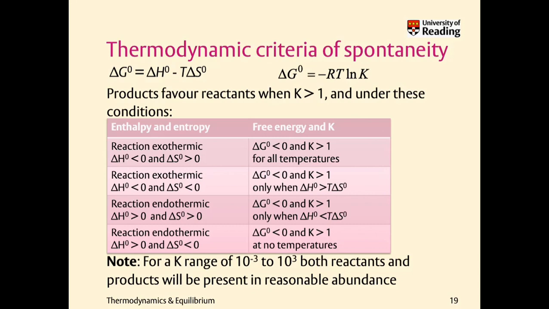So delta G is negative under all conditions, and therefore K, the equilibrium constant, is greater than 1, and the reaction favours products. I suggest that you look through the other rows and see if you can make sense of each of the lines on this table.